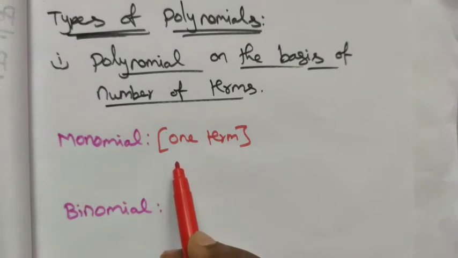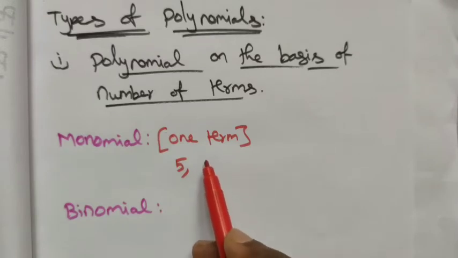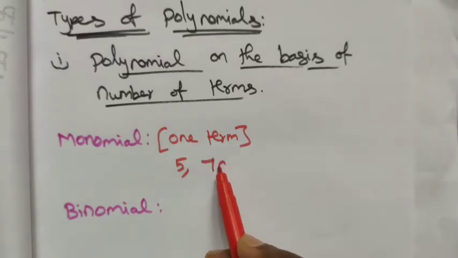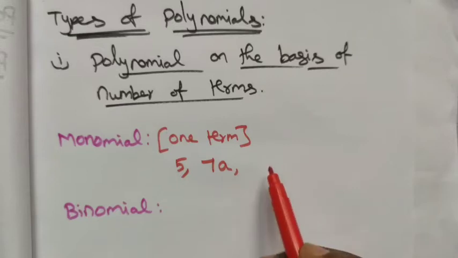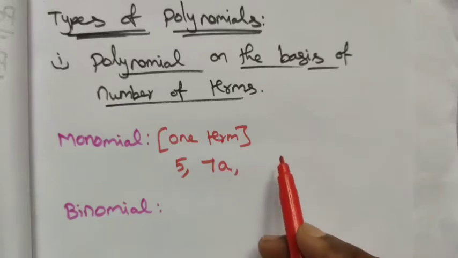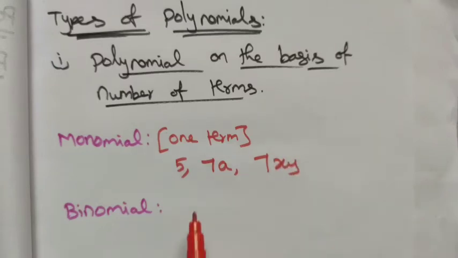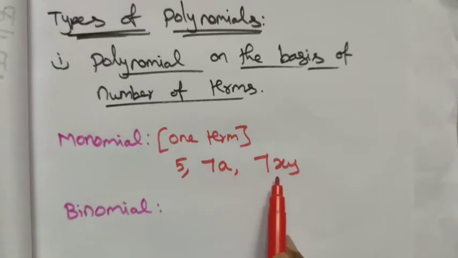The single term may be a constant or a combination of constant and variable, that is 7a, or a combination of one or more variables, 7xy. So these all are called a single term, that is only one term, right? The polynomial having only one term is called a monomial.